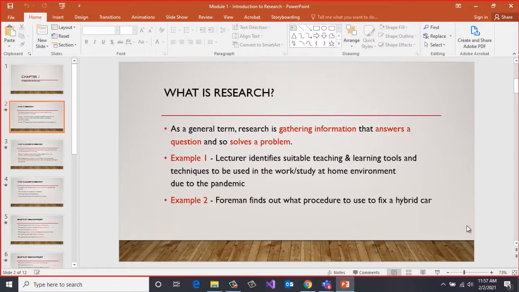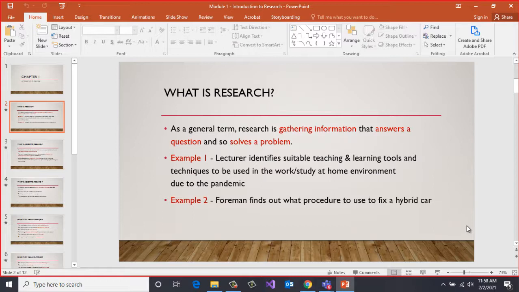However, let's say that we take a BSE student, a final year BSE student. If this student wants to create a web page with simple text and some pictures, do we consider that as a research? The answer is no. Why?